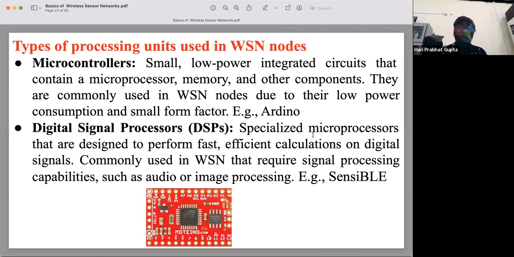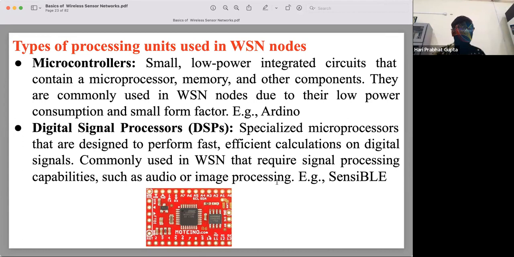These are specialized microprocessors, not a normal microprocessor, but designed for application purposes, that are designed to perform fast, efficient calculations on digital signals. The calculation is based on your application. This type of digital signal processing is commonly used, as the wireless sensor network requires signal processing capability, such as audio and image processing.